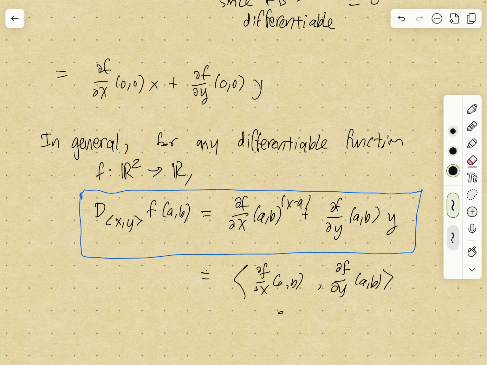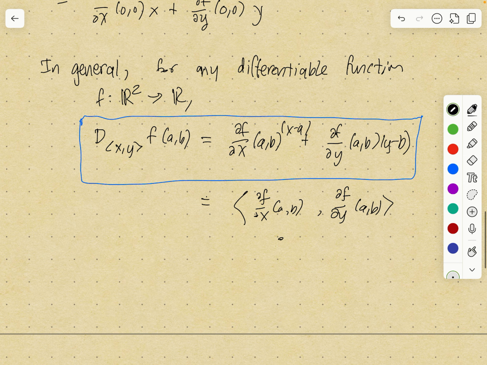And then y minus b. Yes. So it's this dotted with the vector (x minus a, y minus b).